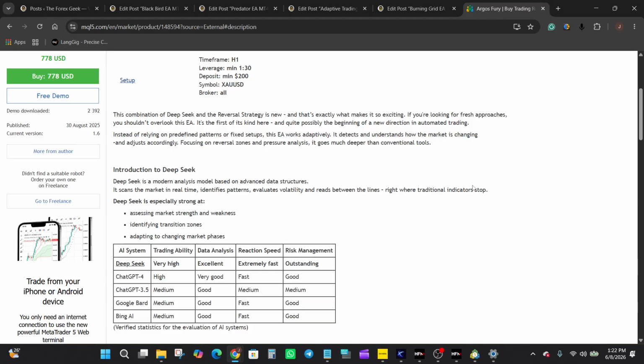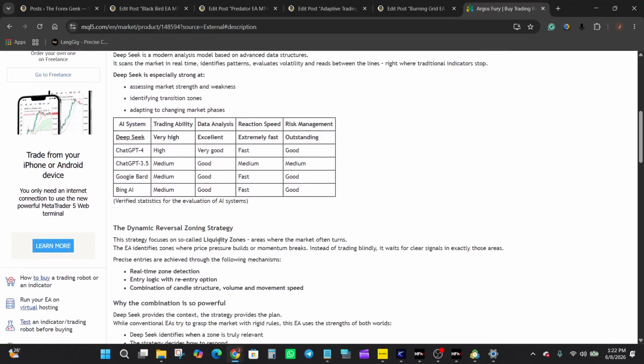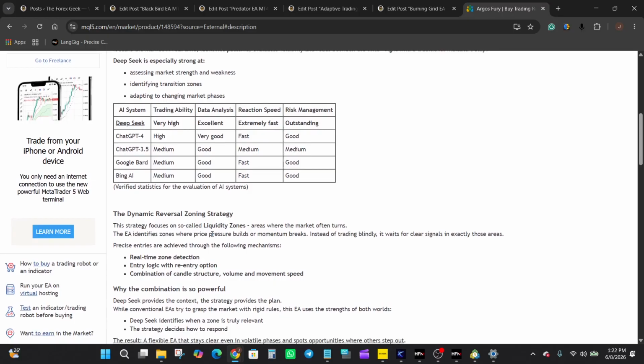Now, the second component is the dynamic reversal zoning strategy. According to the marketplace description, this approach focuses on liquidity zones where price reversals may occur. The EA is designed to identify areas where price pressure builds or momentum begins to weaken before looking for trading opportunities.